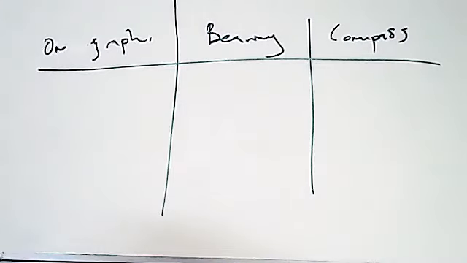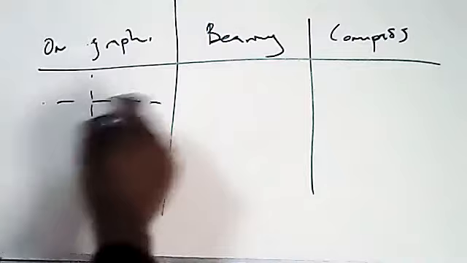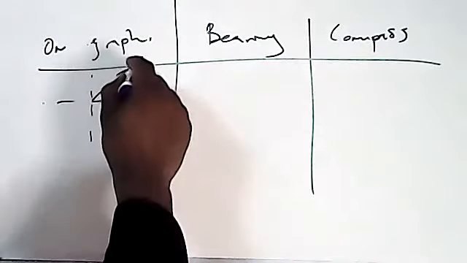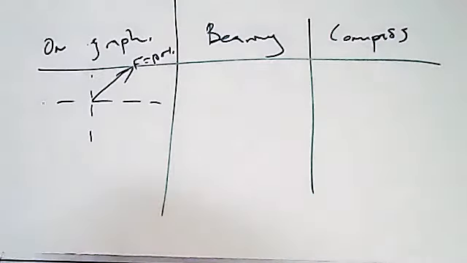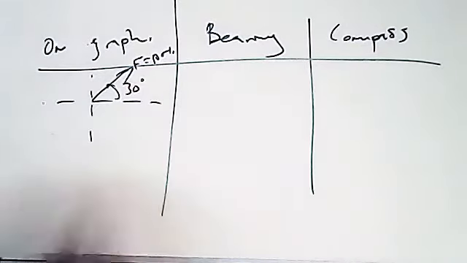So let's say on a graph, obviously they will give you a Cartesian plane like that, and then they give you maybe the force. They tell you that force is 10 newtons or something like that, and then they tell you that from here to there it's 30 degrees, right?